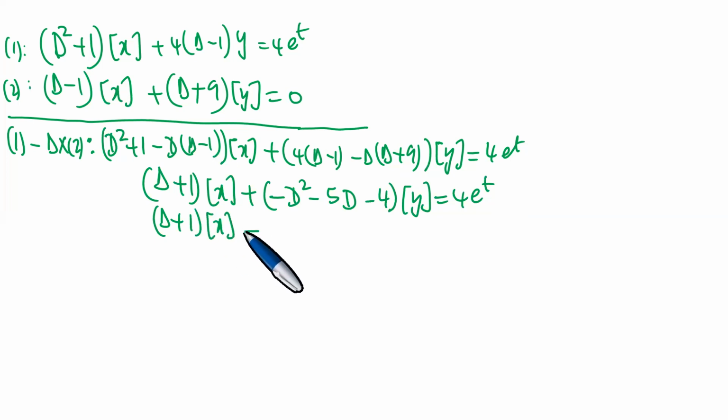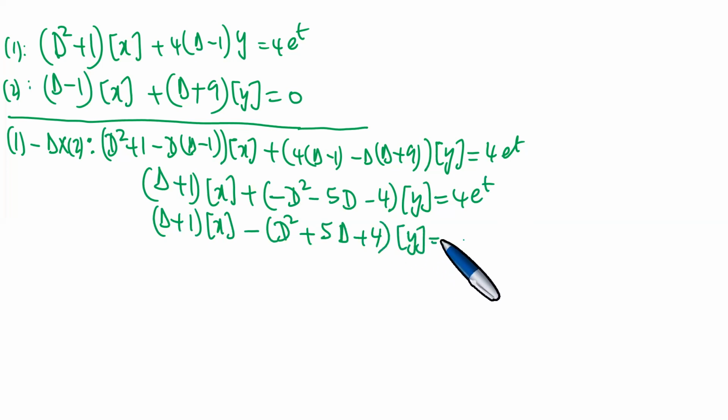Then we have a minus. Okay, then you have the d squared plus 5d plus 4, which is 4e to the t. All right. That's what we get. Okay. This is what we have.